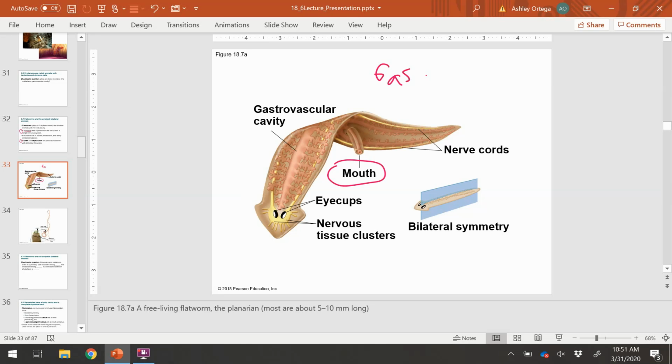This gas exchange takes out the middleman of the gastrovascular cavity as the primary role for getting oxygen in and carbon dioxide out. It does it through its skin, and having a very flat surface allows it to do that efficiently.